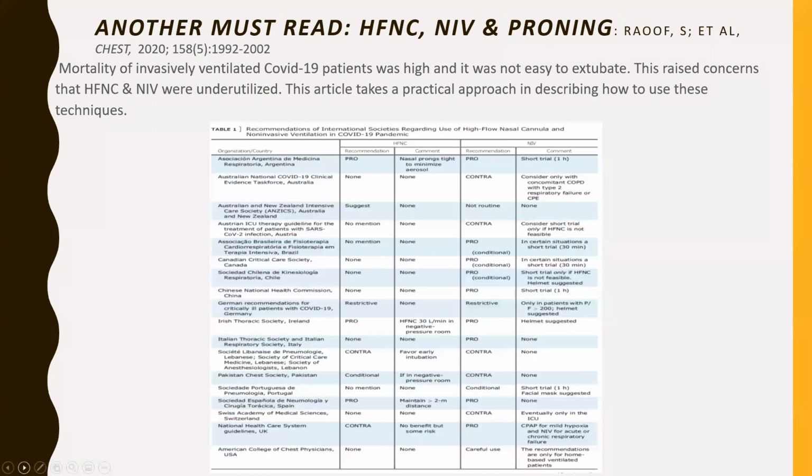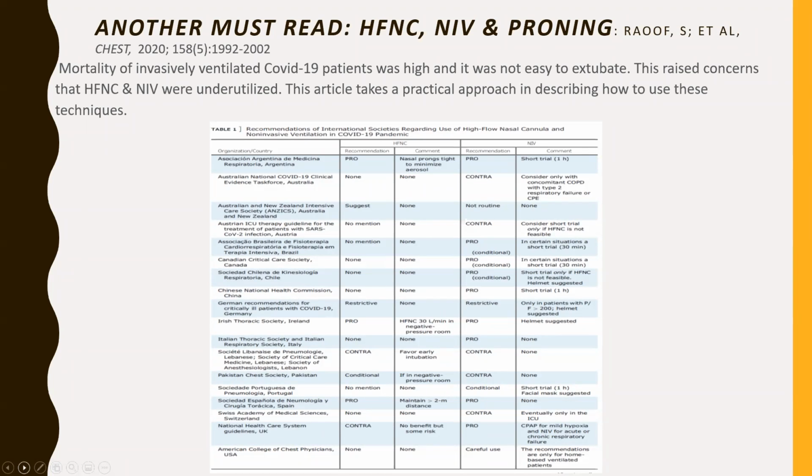Interestingly enough, the American College of Chest Physicians, all the way at the bottom of this slide, basically has no recommendations on high flow, and regarding non-invasive, basically says careful use, all right? So this article is really useful because you can see the variability of countries in their positions and their professional, I'm going to call it, pulmonology organizations.